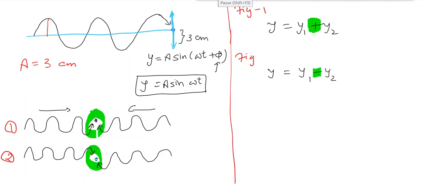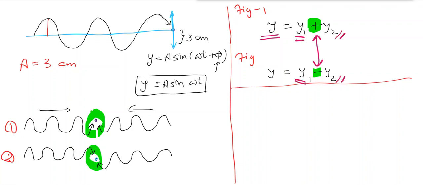So this is basically superposition principle, which says that whenever a particle is influenced by two or more waves, the resultant displacement of the particle is vector sum of the displacement due to individual wave.